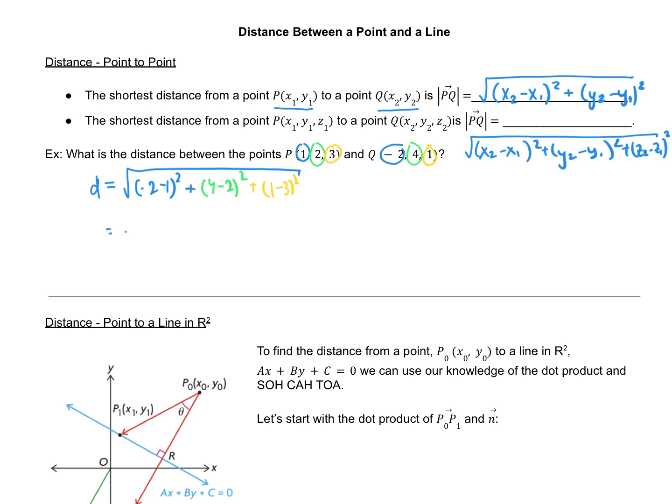And then we'll just clean that up. So negative 2 minus 1 is negative 3, squared is 9, 4 minus 2 is 2, 2 squared is 4, 1 minus 3 is negative 2, squared is also 4. And then we get the square root of 17 units. And that's the exact distance.